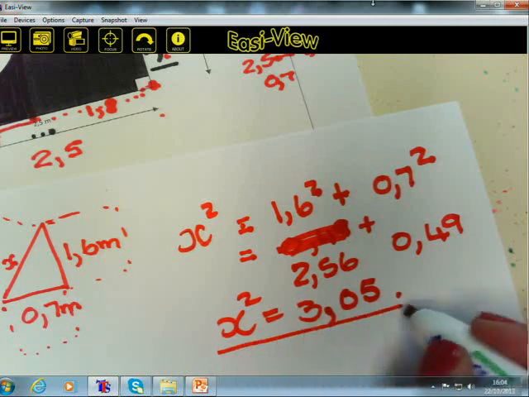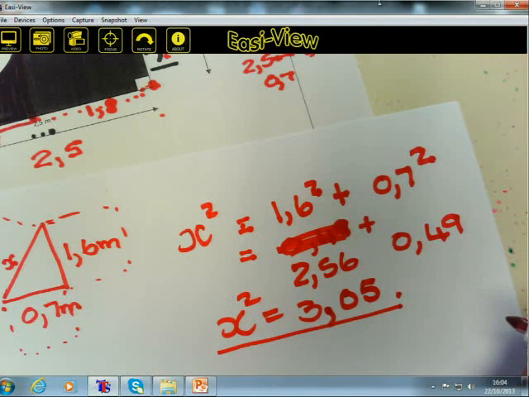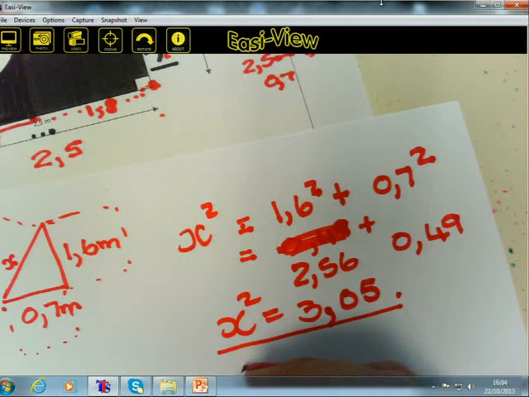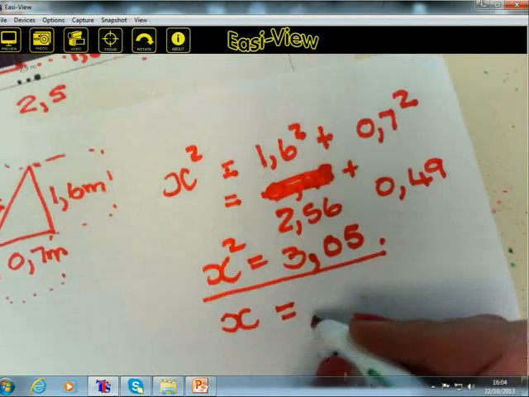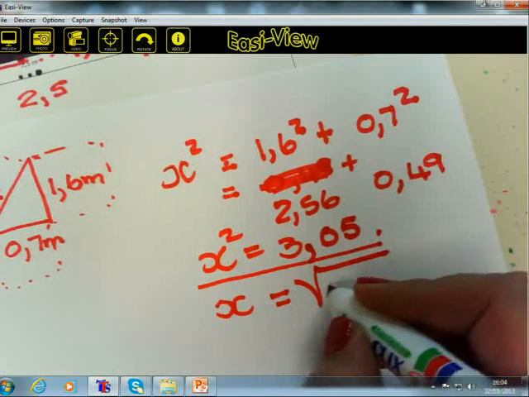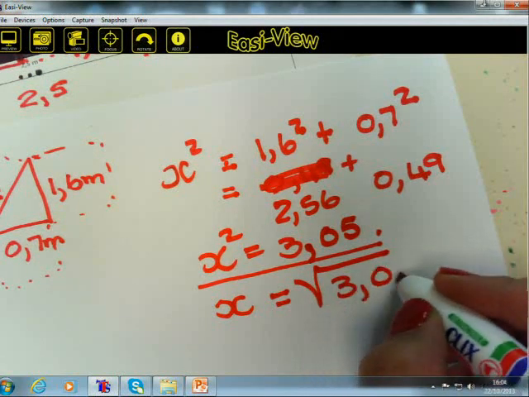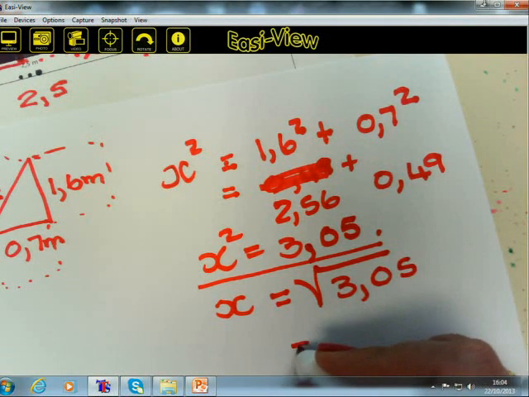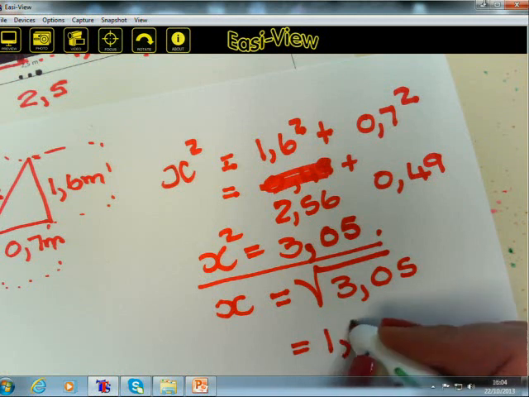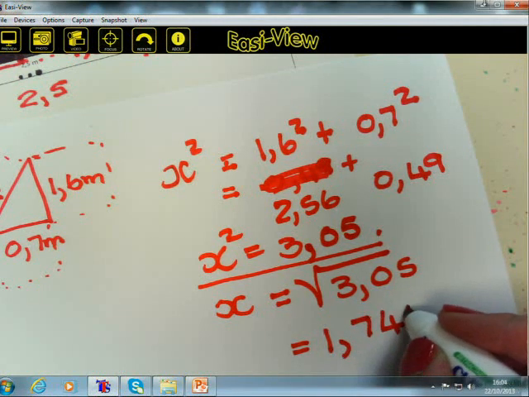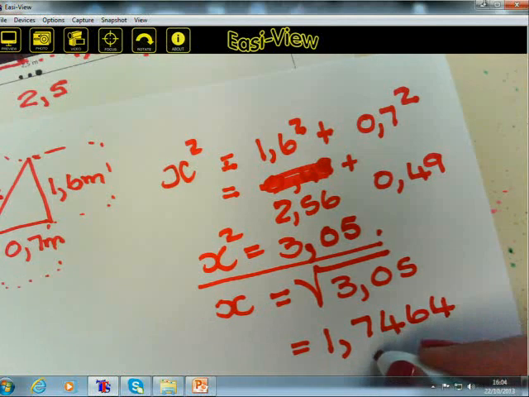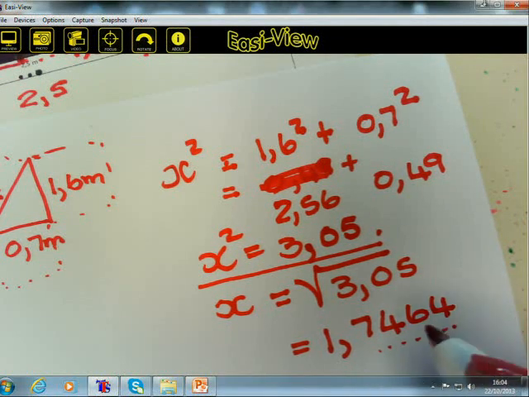X squared is 3,05. What do I do when I want x? Then I must get the square root of 3,05, and that gives me 1,7464. Red light. I must round.